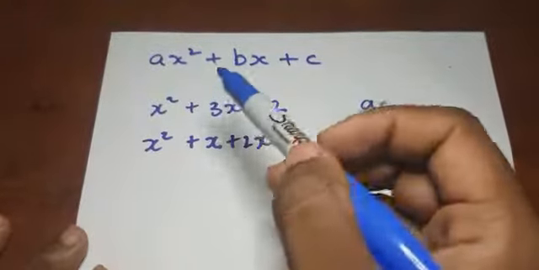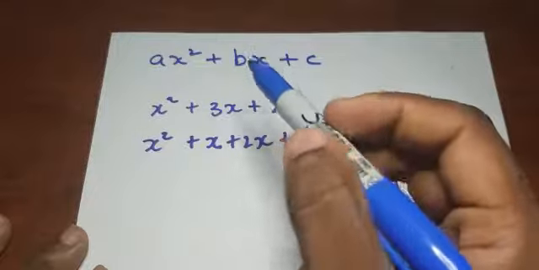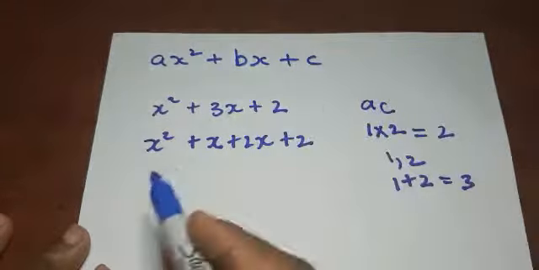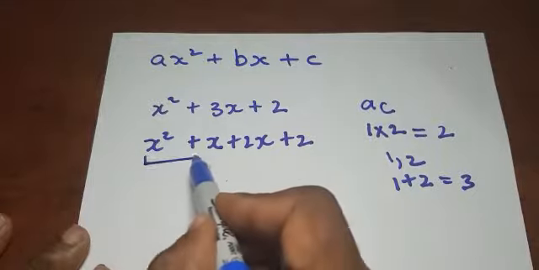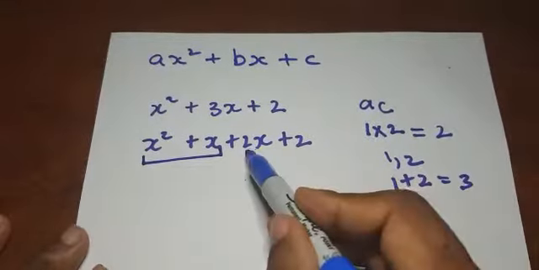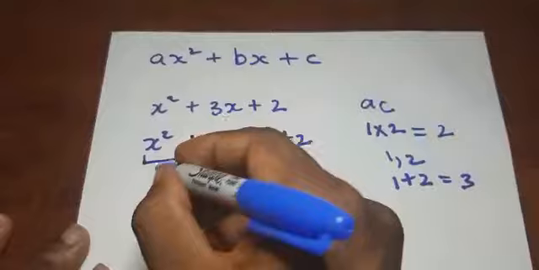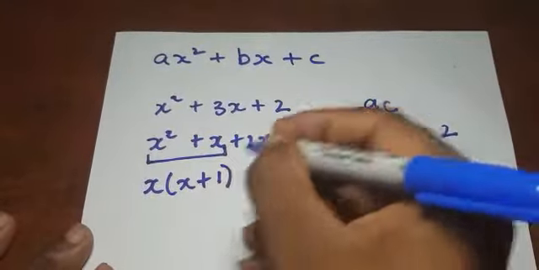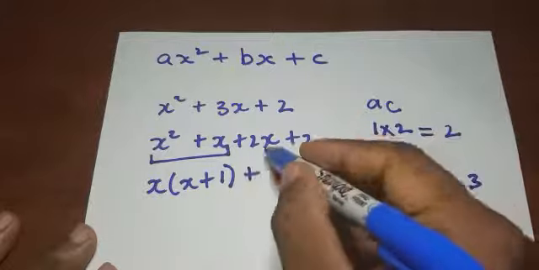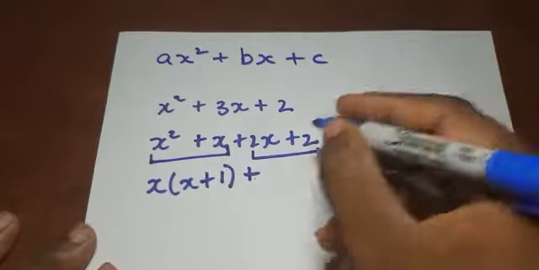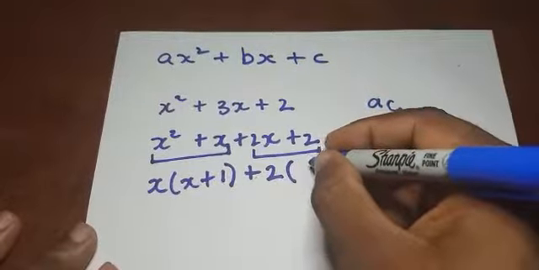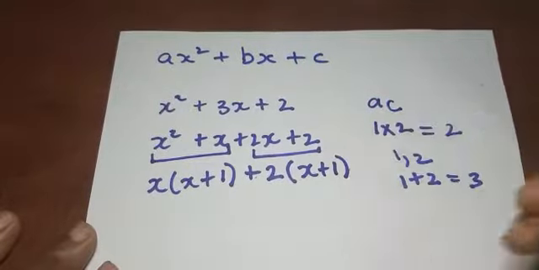Now, as you would have recalled in the video on factoring by grouping, we look at the first pair and factor it, we get x into x plus 1. Then the second pair we factorize by putting a 2 outside the bracket, and then x plus 1.